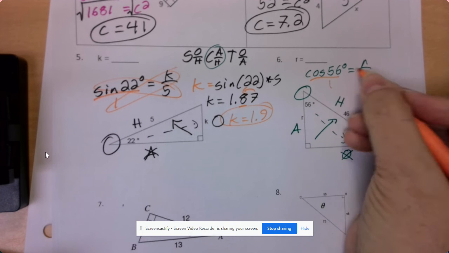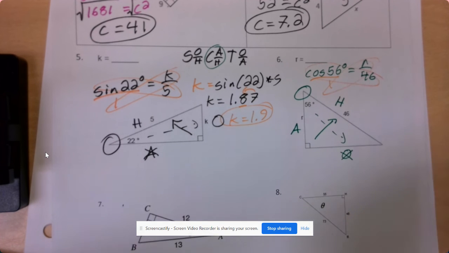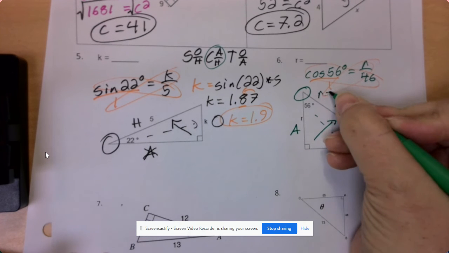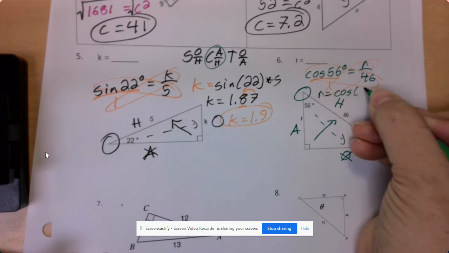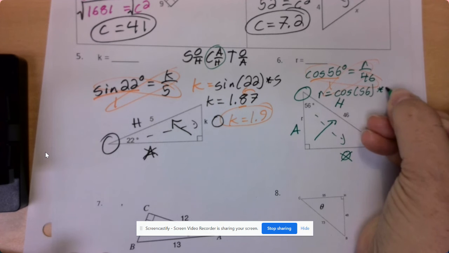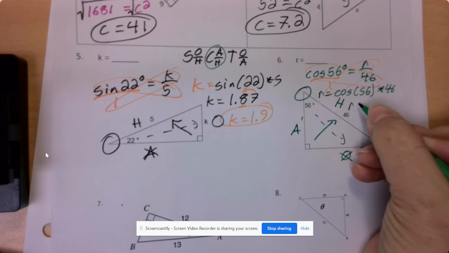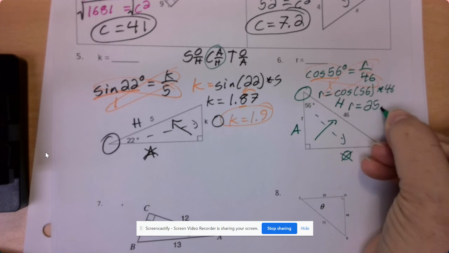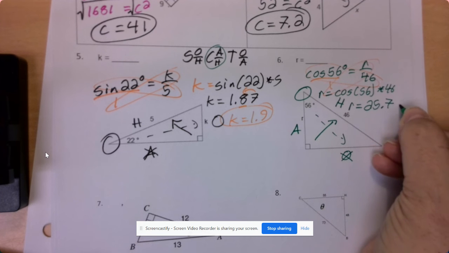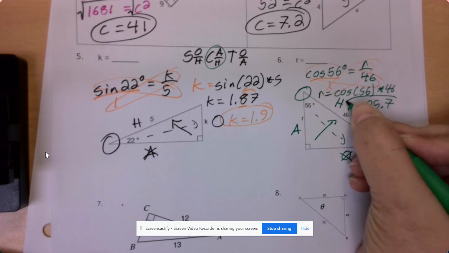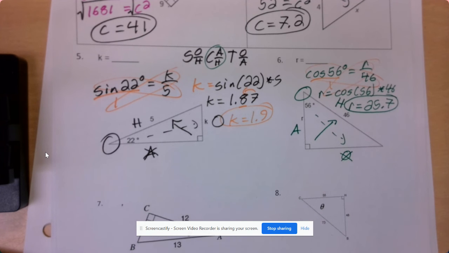We cross multiply again, everybody. So r is equal to cosine of 56 times 46. And we get r is equal to 25. The last number after it is 2, so it's going to stay the same. So 25 and 7/10.